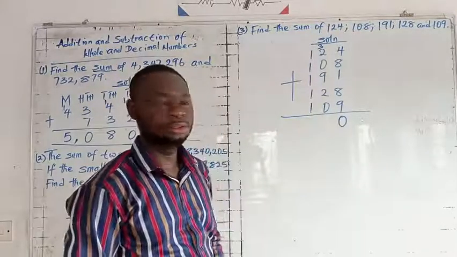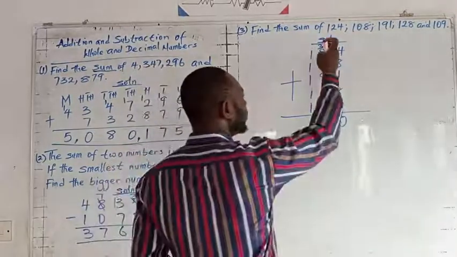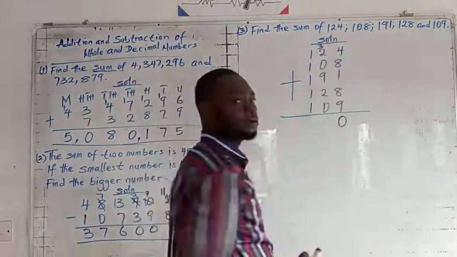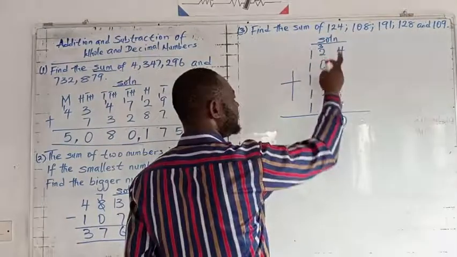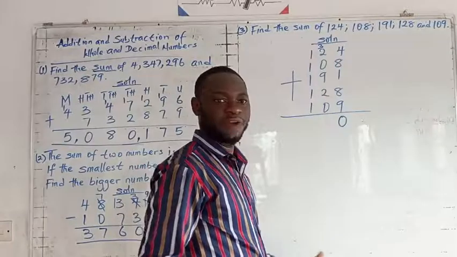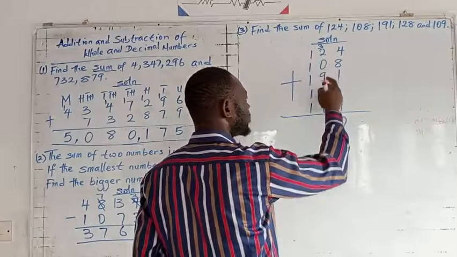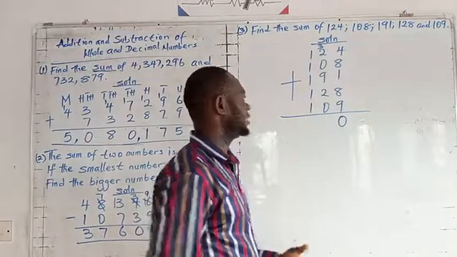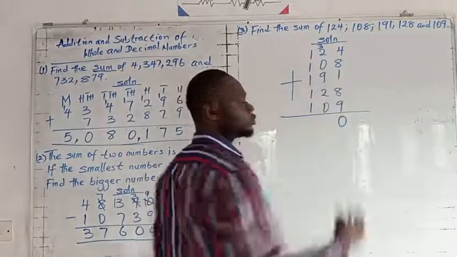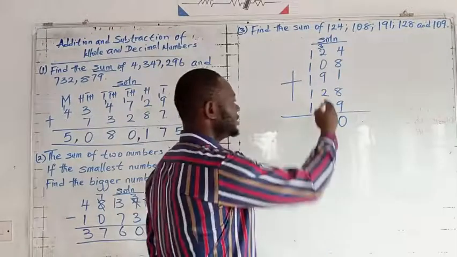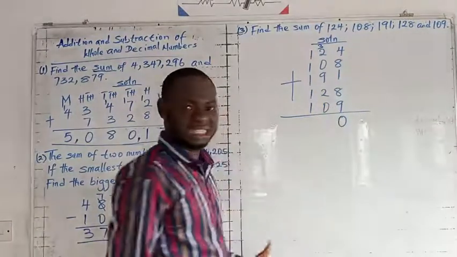Alright? Now let's add 3 plus 2, 5. 5 plus 0, 5. 5 plus 9, 14. 14 plus 2, 16. 16 plus 0, 16.